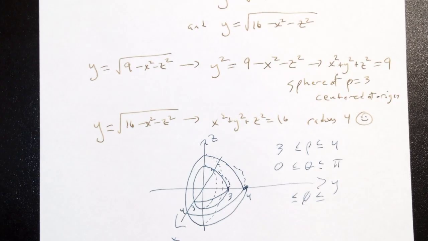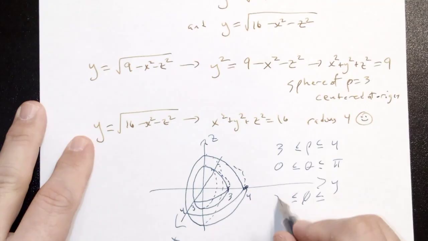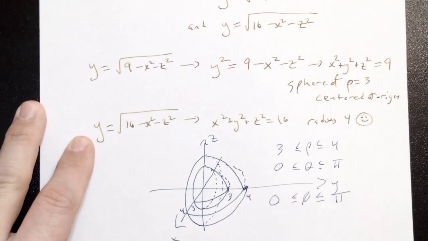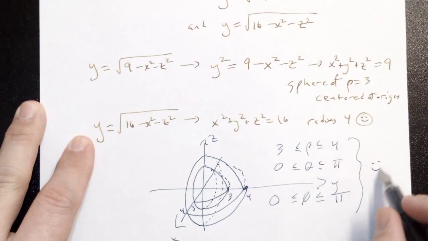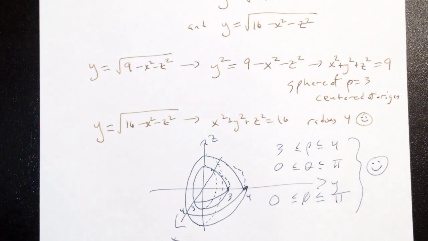I'm going out the y-axis. From the North Pole, how far down do I get to go? I get to go all the way to the South Pole. All of my boundaries are numbers.